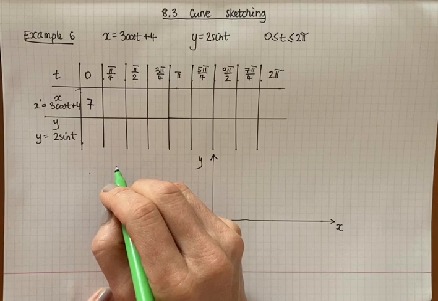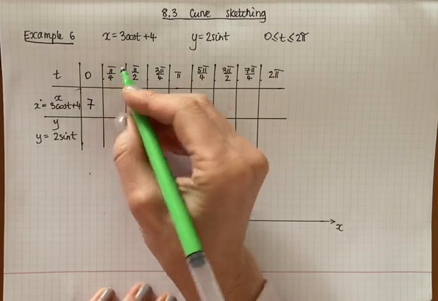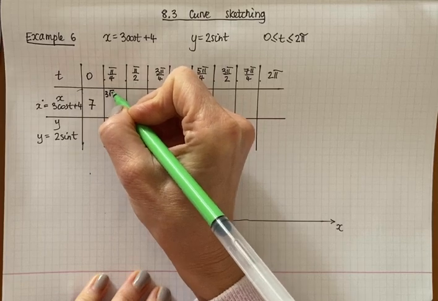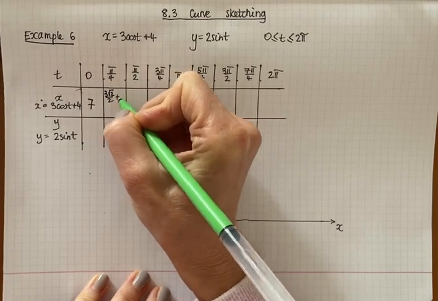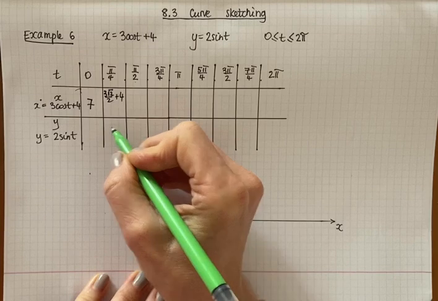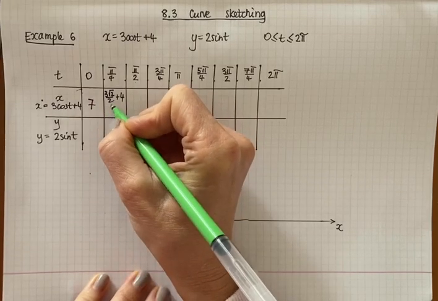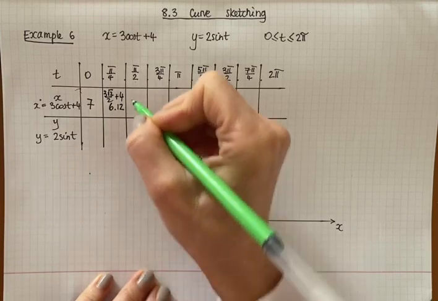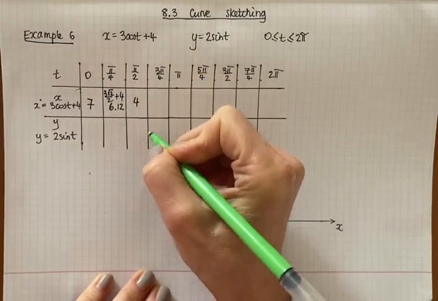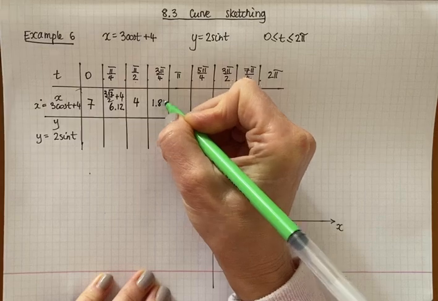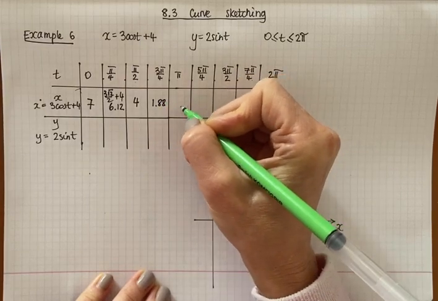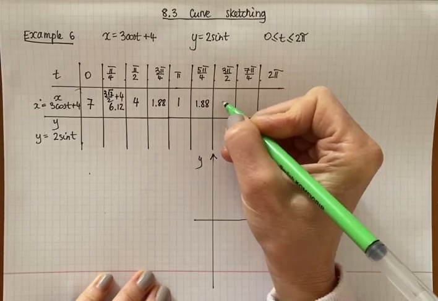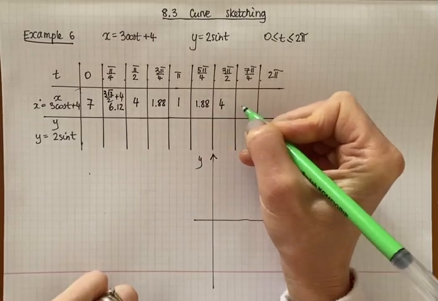The next one here, you will have 3 times root 2 over 2 plus 4, because cos 45 is root 2 over 2, rounded to 6.12, because we're going to sketch it, and then carry on using a calculator. We'll give those to 1 or 2 decimal places, so you'll be able to plot those points on your graph.